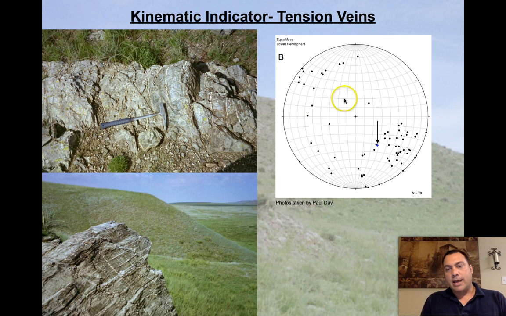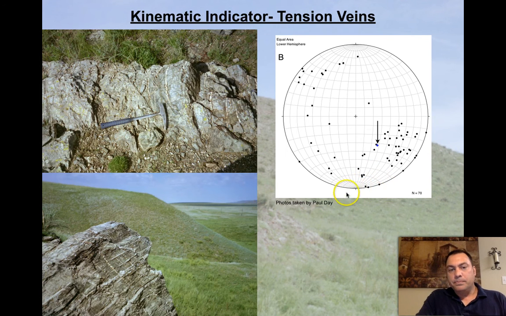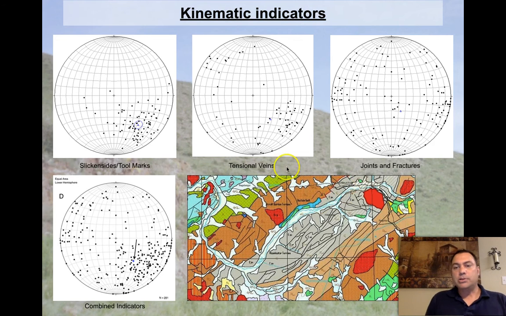And what we found is that when we did our stereo net analysis, sure enough, the average plotted at almost the same position, except at a little steeper attitude than the slickenlines. In fact, we also had joints and fractures that we could go out and measure. And here we see the average for our joints and fractures.